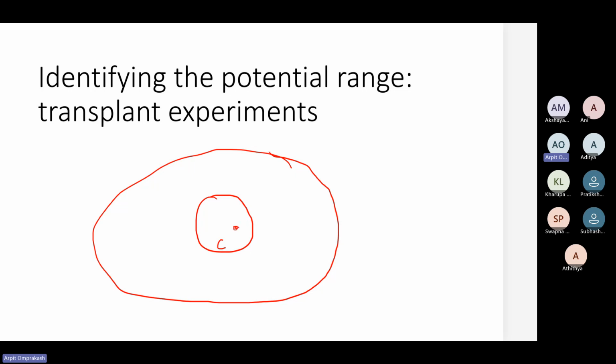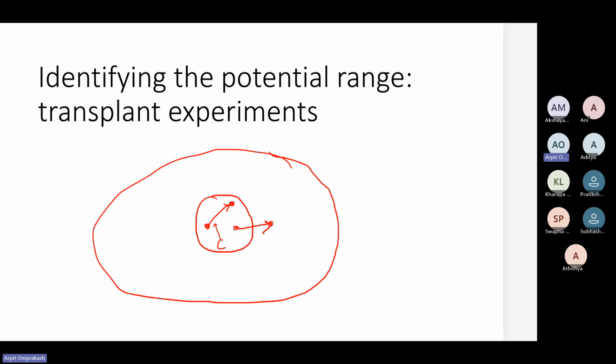We take an organism and transplant it into this area, right? And we do the same, taking an organism and transplanting it into the same area. So this is our control: transplanting from the area where we know the species exists to the area where the species exists.